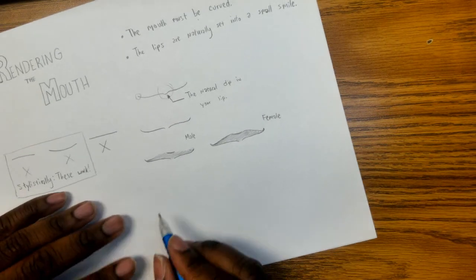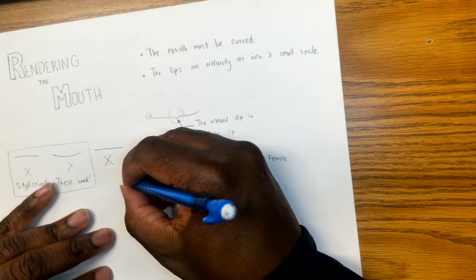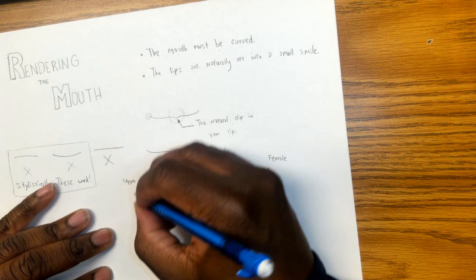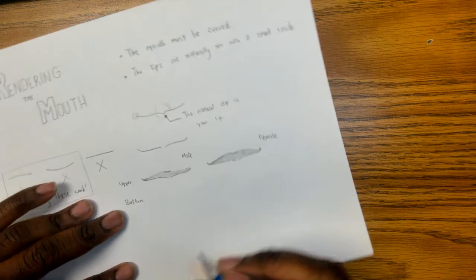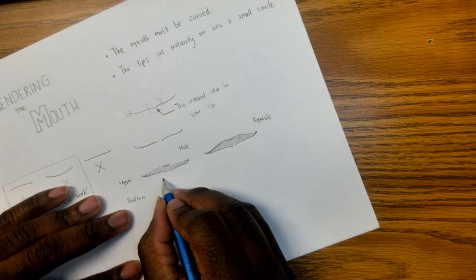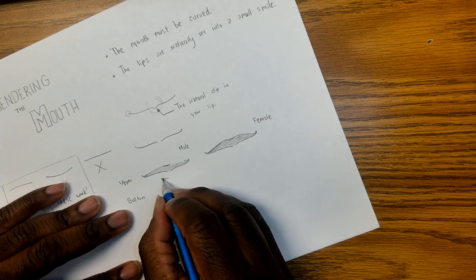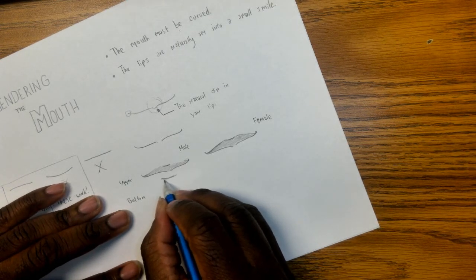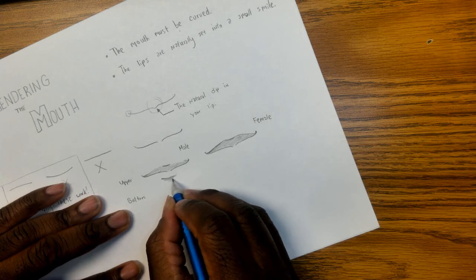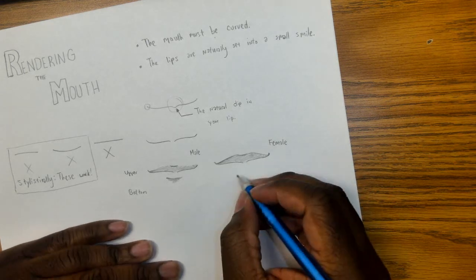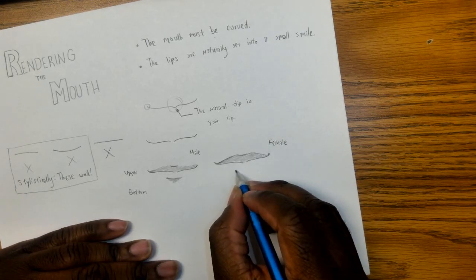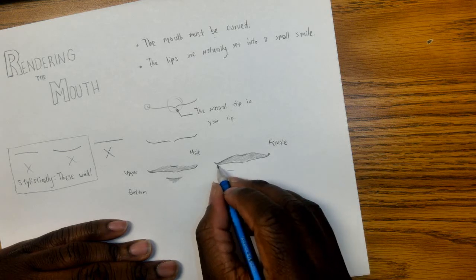Especially once we start talking about the bottom lip, because remember, all this is just the upper. The bottom, for guys, I like to try and keep it real simple. Now keep in mind, this does not apply to all ethnicities. This is kind of a general one. And then of course, girls, you want to have something a little more rounded, a little more full.